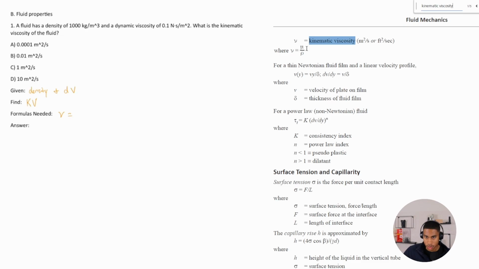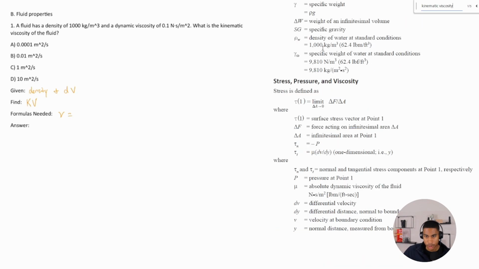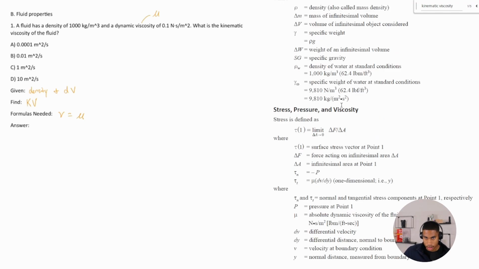What is this mu? Well, the handbook is going to tell us what this top mu is. So mu is the absolute dynamic viscosity of the fluid. So we have mu. So this is mu. All right, and then it's all over density.